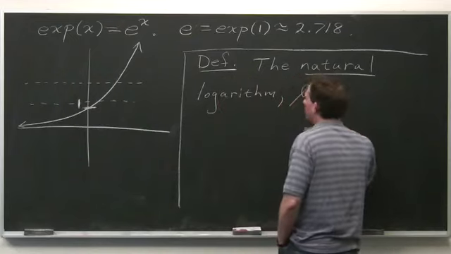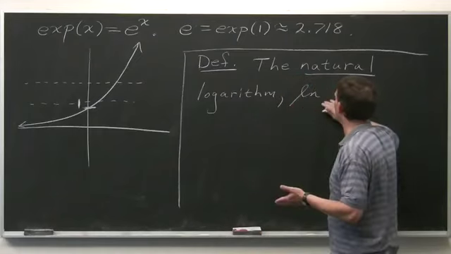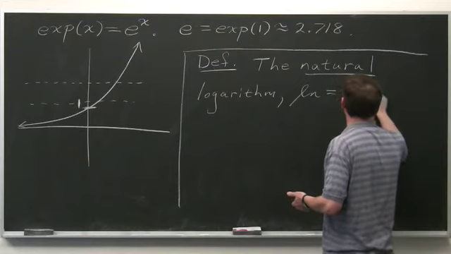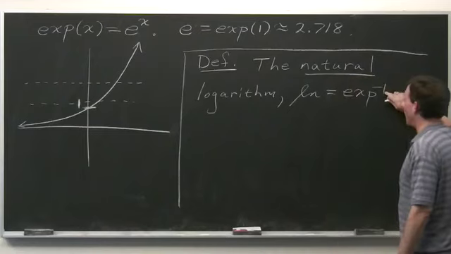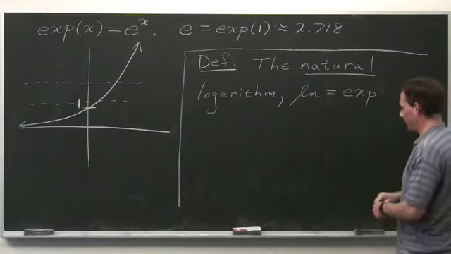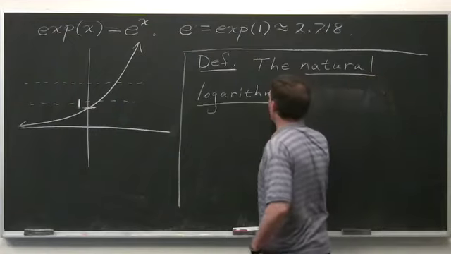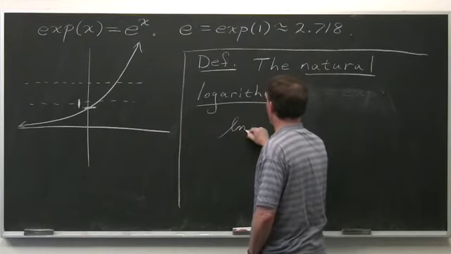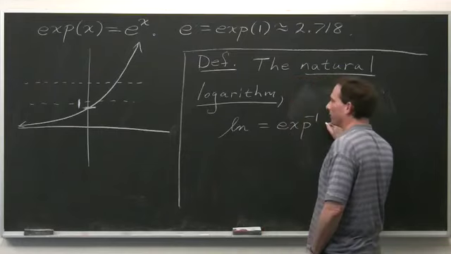Ln, it's going to be the inverse function of the exponential function. So that means that this is not raising to the -1 power. That is the inverse function. So Ln is the inverse function of the exponential function.